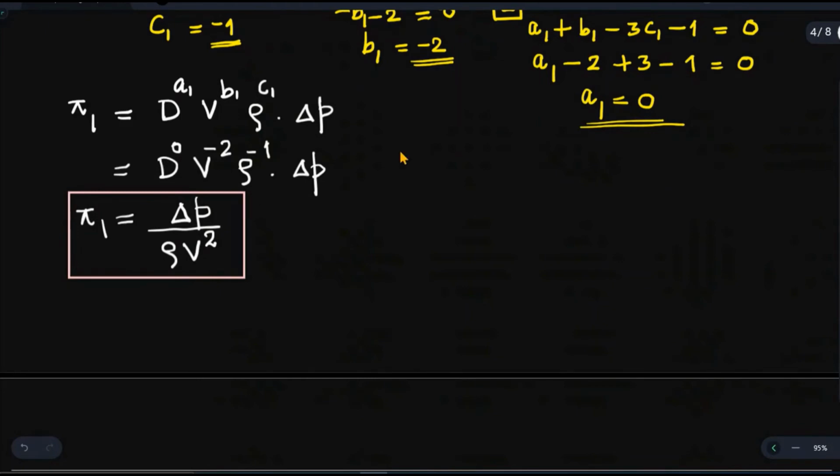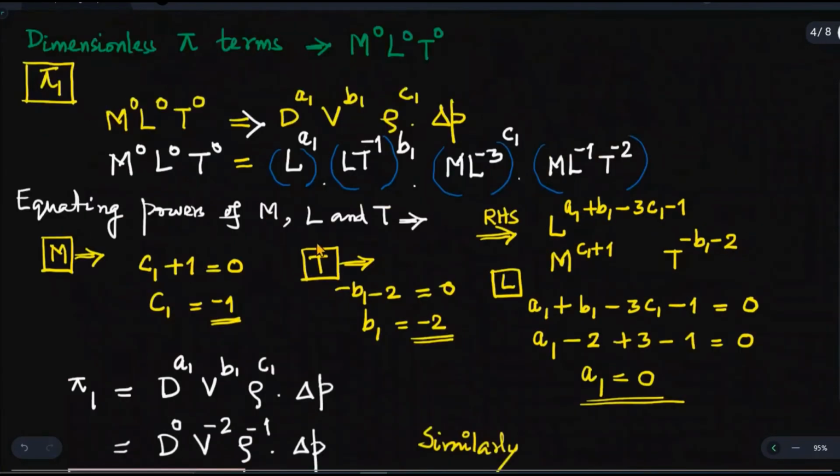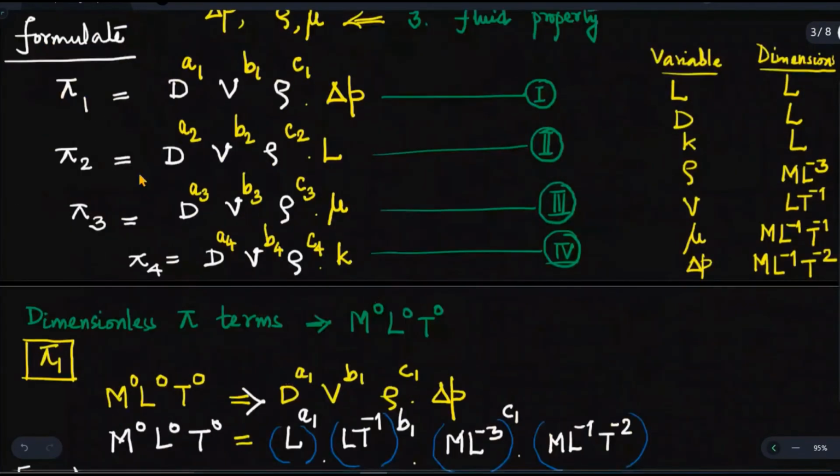Similarly, you find the other pi terms by equating the powers of m, l, and t in each of the pi terms after substituting these variables by the respective dimensions. The second one I'm not going to do for you now, because you can do it by yourself. The dimensions have been listed here on the right hand side, and on the left hand side we have pi 2, pi 3, and pi 4.